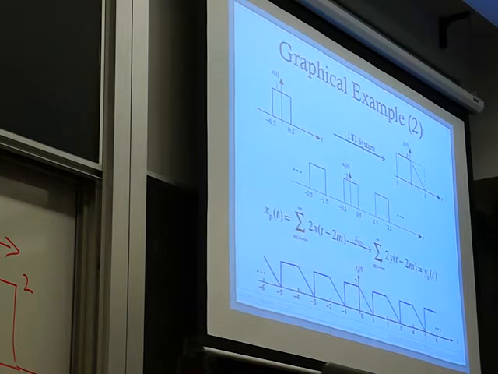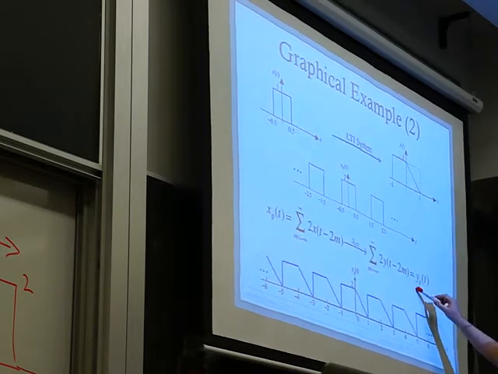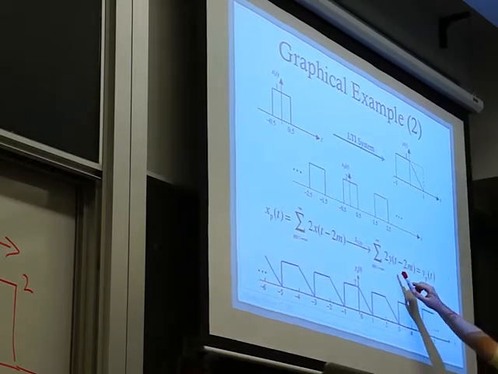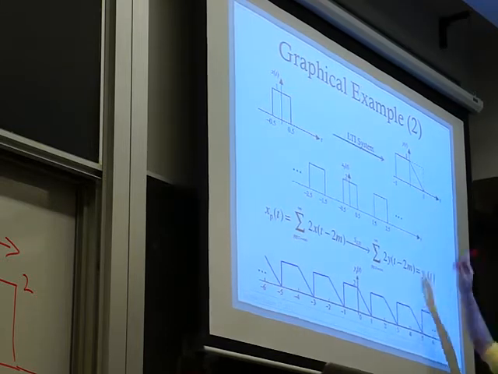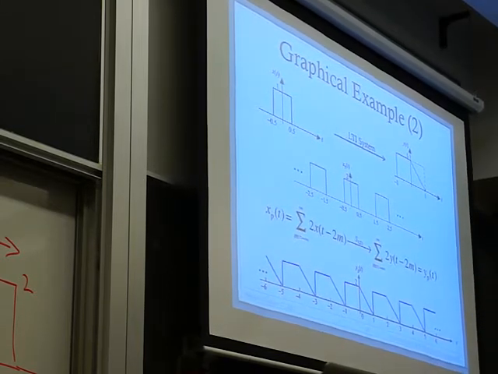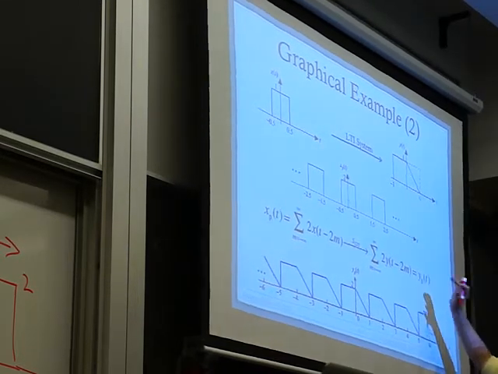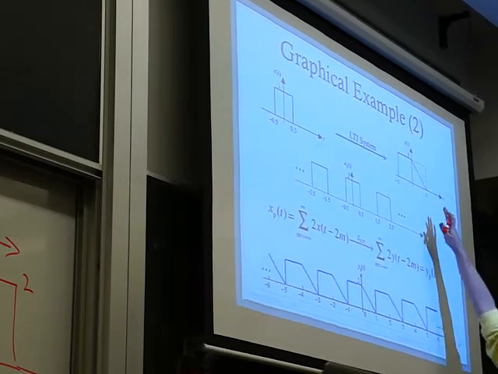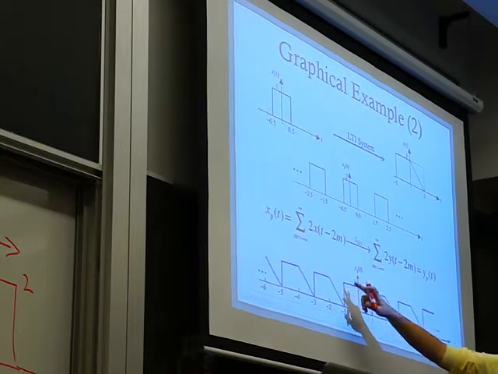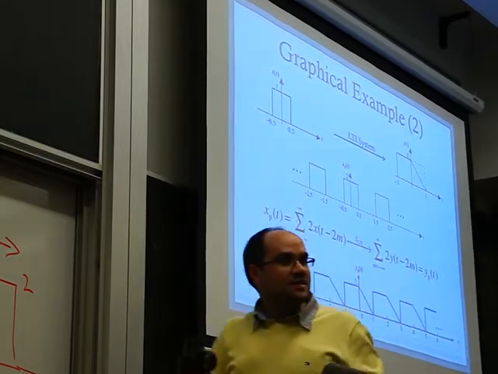Therefore, I could write the overall output to this new input in terms of these outputs that we knew. Okay, the overall output, did I say input? No, you said output. I said output, okay. So the overall output in terms of the ones that we know. Okay, and then we could add them up. The same thing we do with this, we do with that, and this is the output we get.